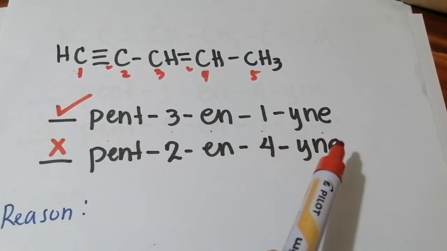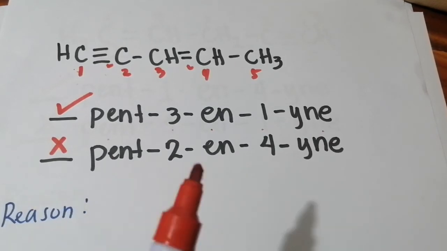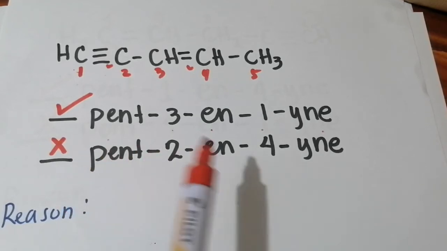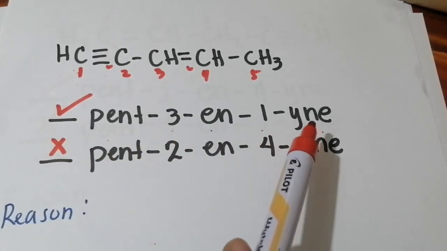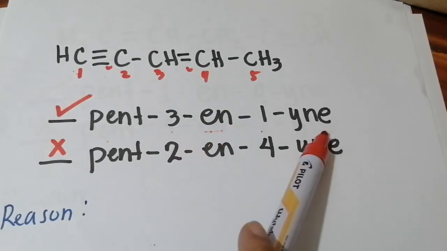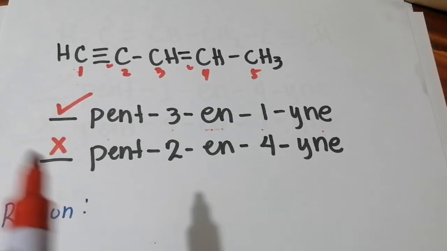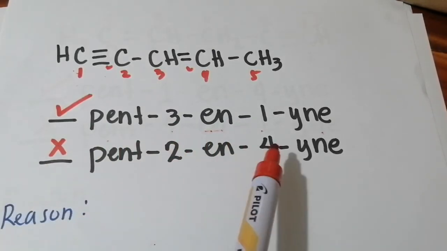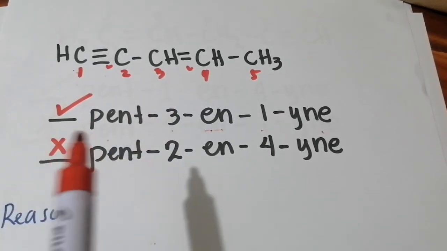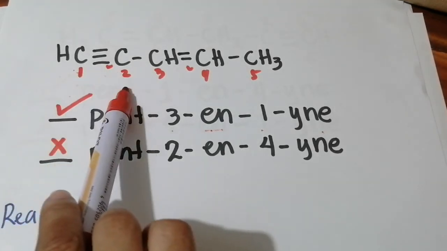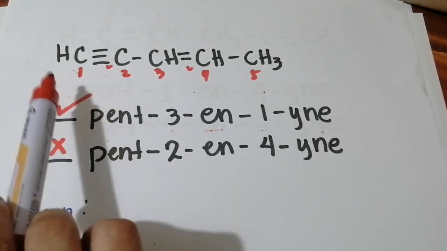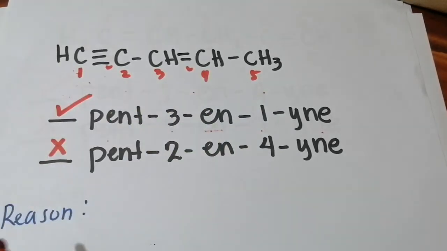As I told you a while ago, when we name a molecule that has both the double and the triple bond, you always name the "en" before the "yne". You disregard the position when you name them. The position is very important when we start counting, so that we'll know the correct positions of the double and the triple bond.